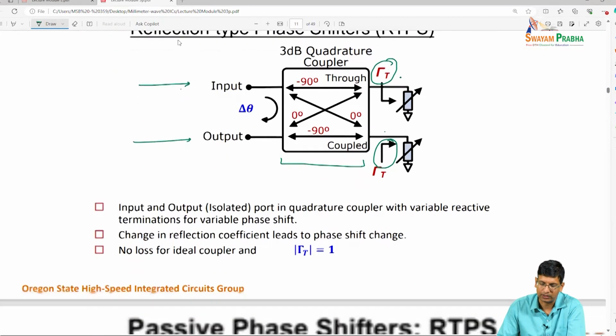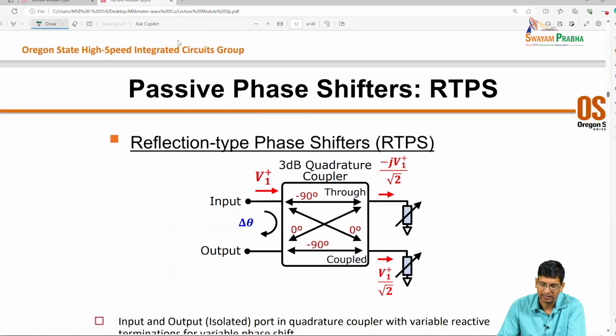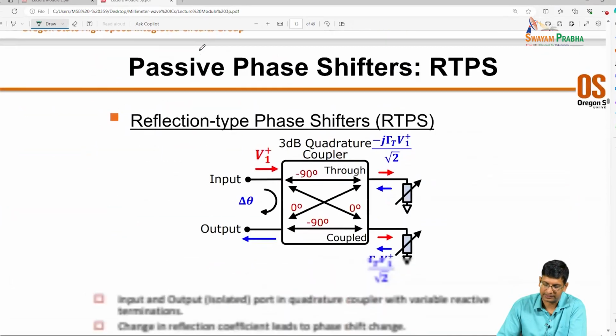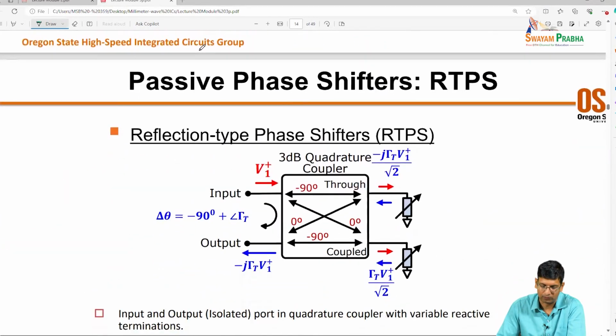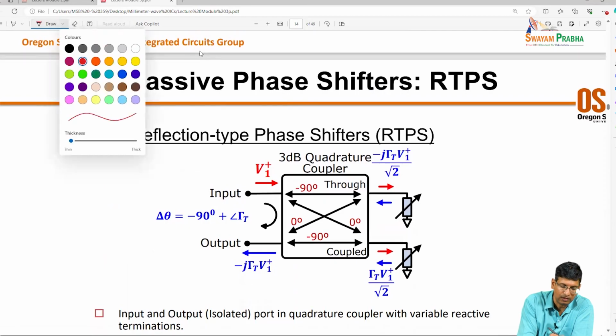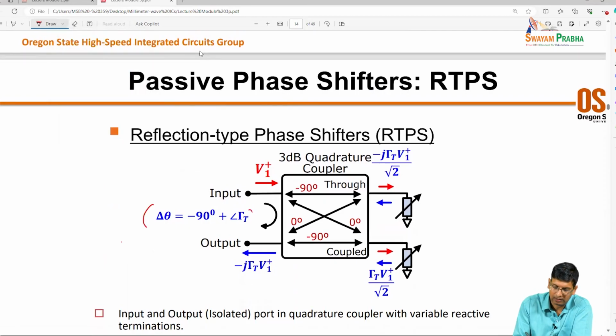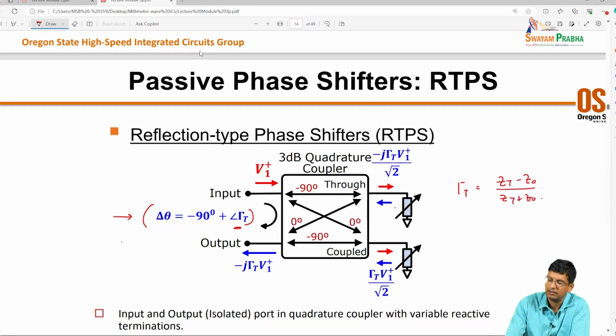And what you can show basically is that the signal from input to output, right? It basically depends upon the reflection coefficient of this load, right? So gamma t is (zt minus z naught) by (zt plus z naught), right?